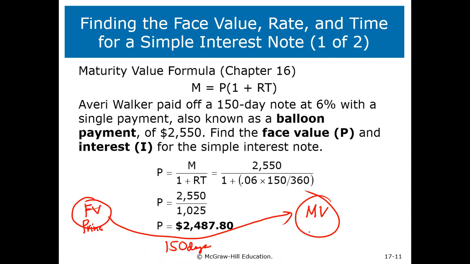And the maturity value is equal to your principal plus the interest. Okay, this is what happens for a simple interest.